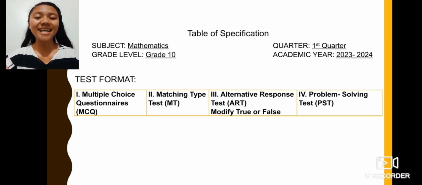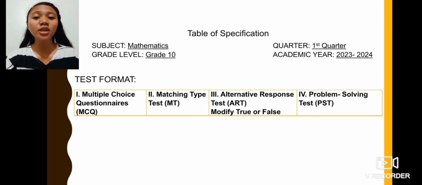So to continue the discussion, since my group mates are already done discussing table of specification and its formats, I guess it is now my time to shine. I mean to present to you the table of specification na kami yung gumawa. This TOS focuses on grade 10 mathematics first quarter lessons or topics for the academic year 2023-2024.